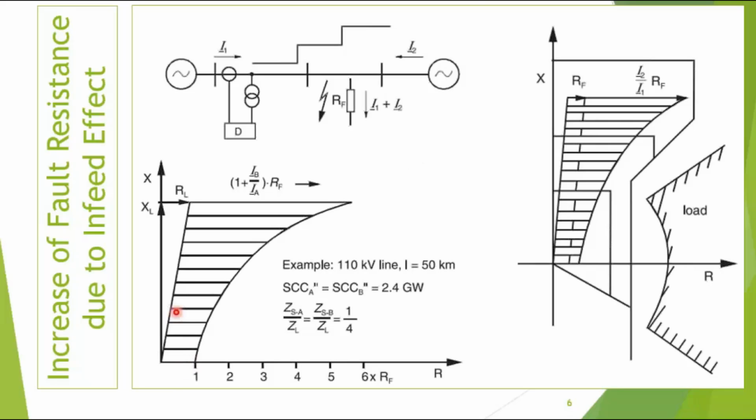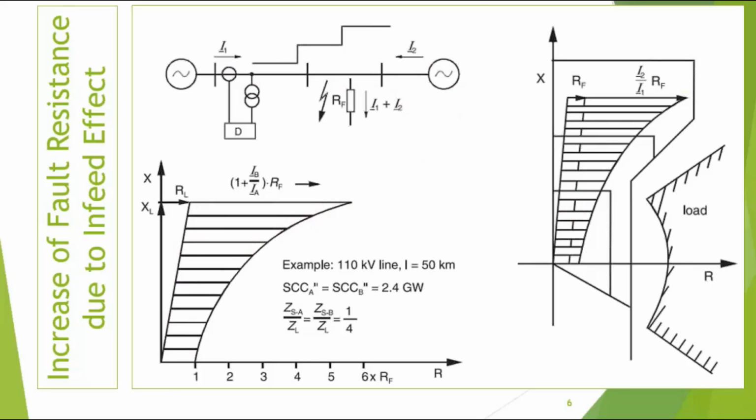The initial area will not have that much I2, but as the fault moves towards the remote end and beyond, the infeed would increase, let's say exponentially, if not exponentially, at least parabolically. So the further it gets, the apparent fault resistance seen by this relay will start to increase.